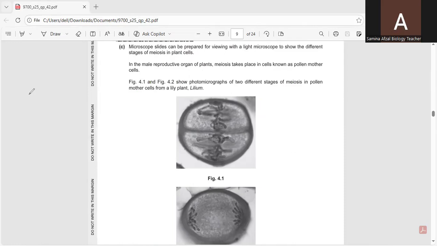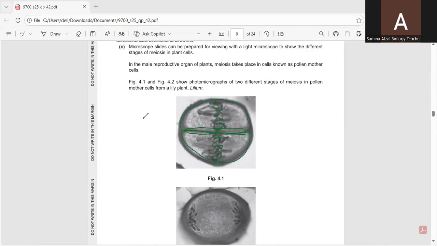Figure 4.1 shows that the cells are in the center, at the equator, and you can see the chromosomes are arranged in the center.